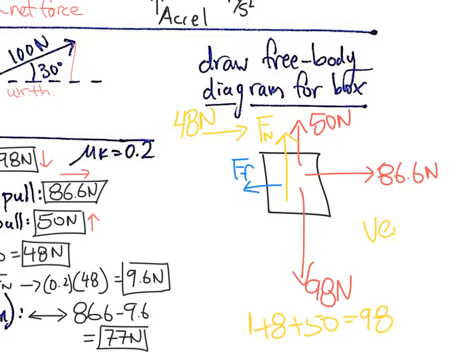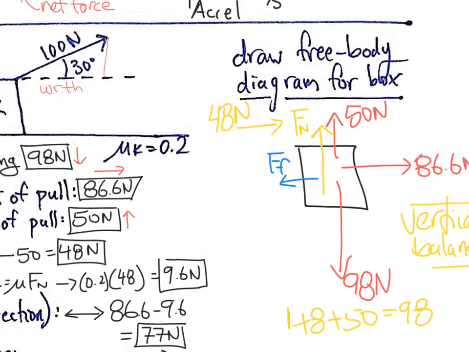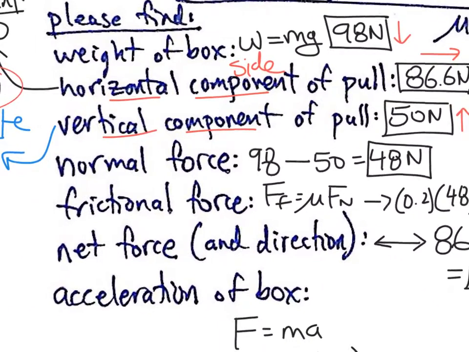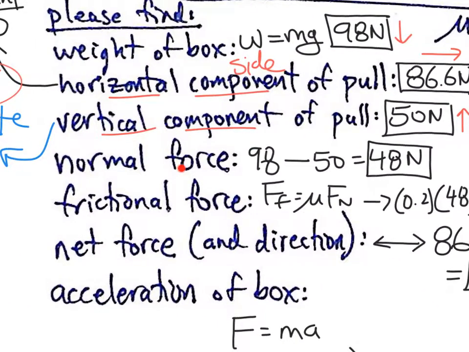And we could be more specific and say the vertical forces are balanced, meaning they cancel each other out. They end up in the vertical direction giving a net force of 0 newtons. So this is where this math came from. Normal force, 98 minus 50 is 48 newtons. Okay, and remember, that's what contributes to friction.